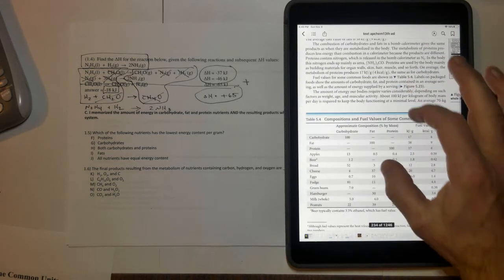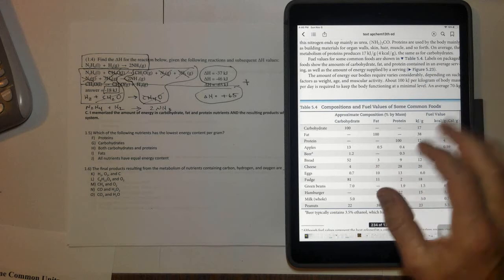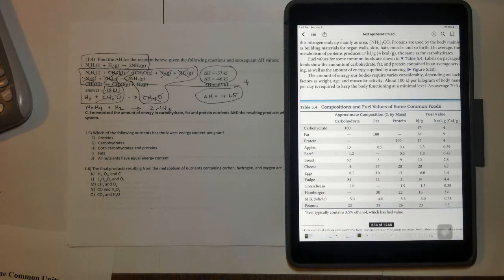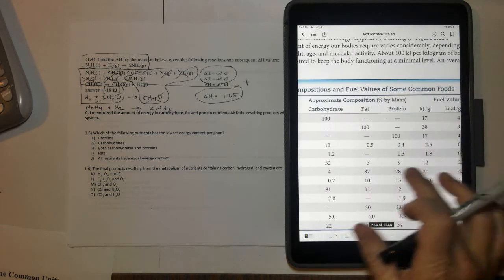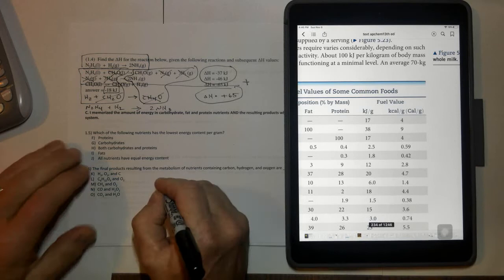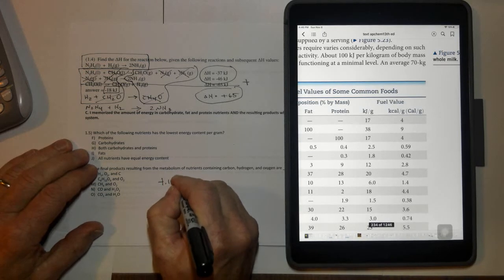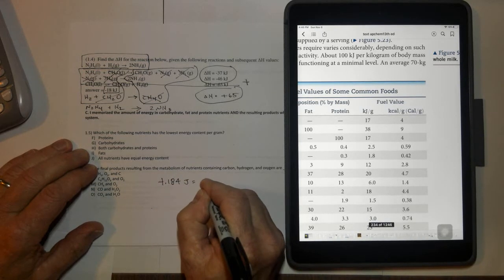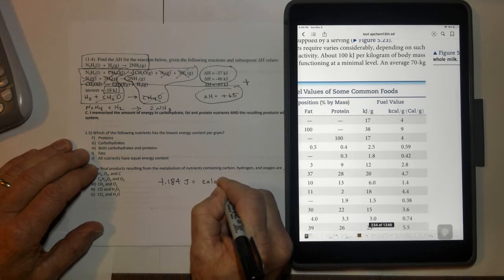Well, composition of food and fuel values is listed in table 5.4, and you can see that carbohydrates have a fuel value of about 4 calories per gram. Notice those are capital C calories, which are 1,000 times larger than the regular c calories that are related to joules by 4.184 joules is equal to a small c calorie.